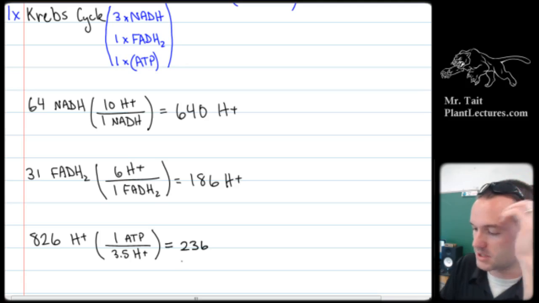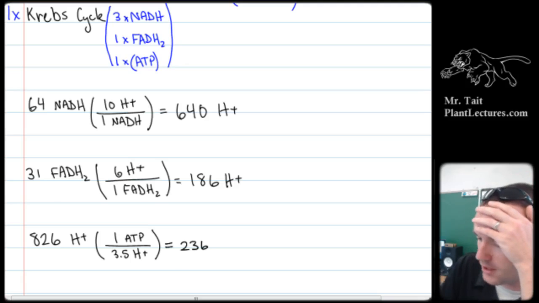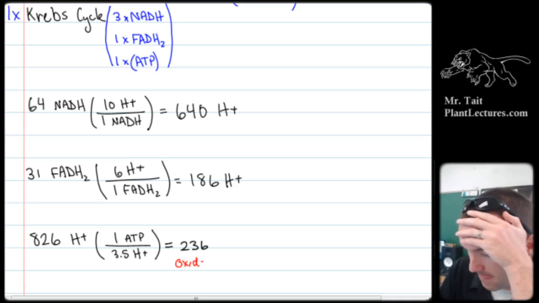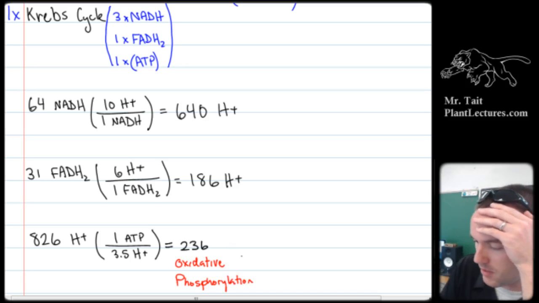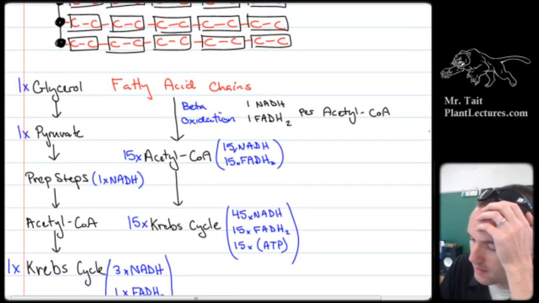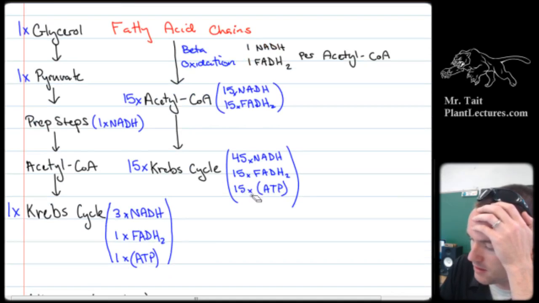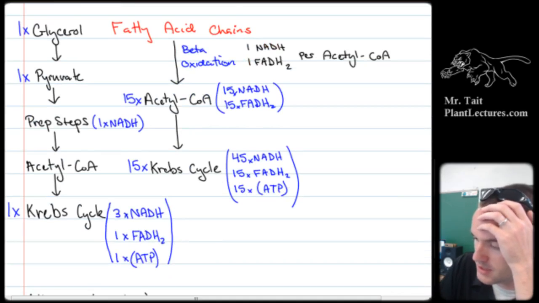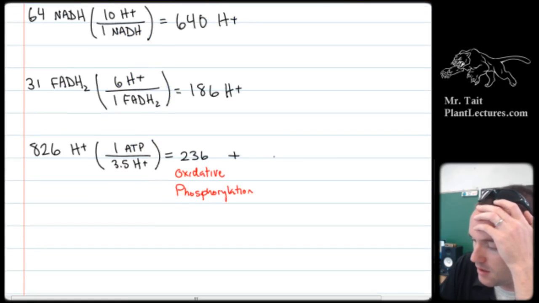This 236 ATP is through oxidative phosphorylation. And then we also had some more. We've got 15 ATP here and 1 ATP here, so plus 16 from substrate level.